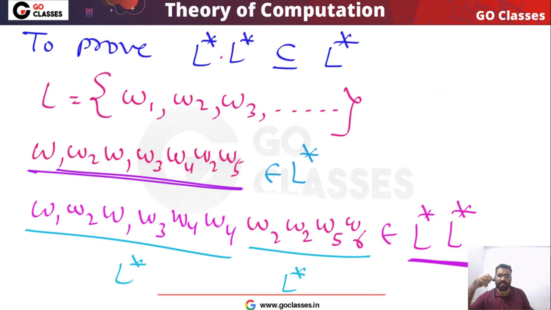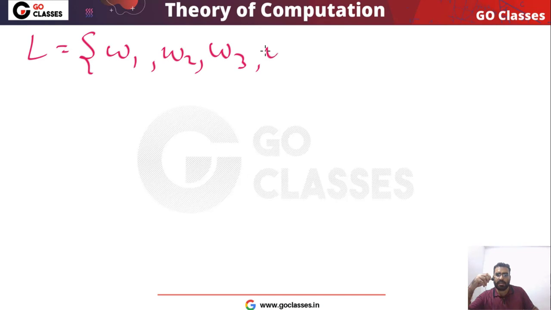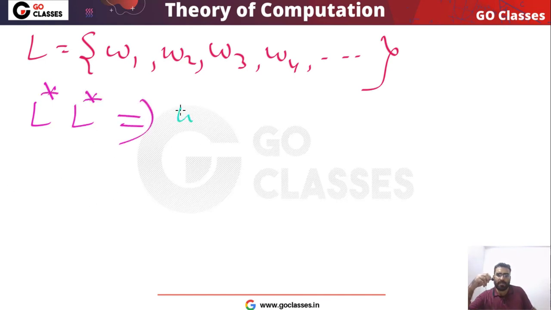So finally, in this L star you have this type of strings. If your L is W1, W2, W3, W4, then in this L star you will have strings like W1 W1, W2 W3, W1 W4 W5.